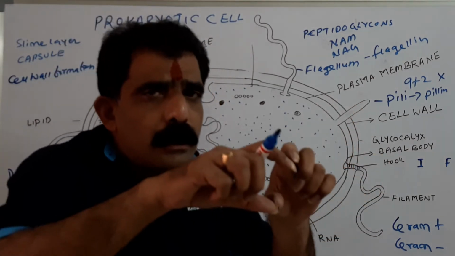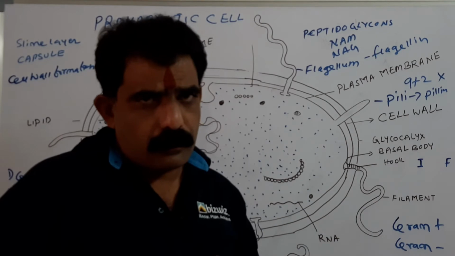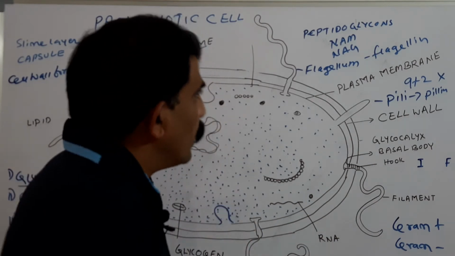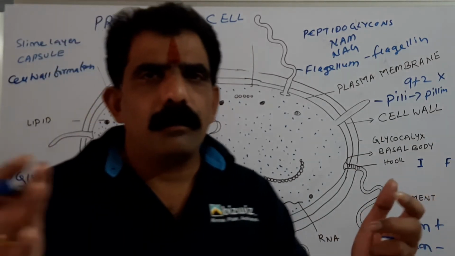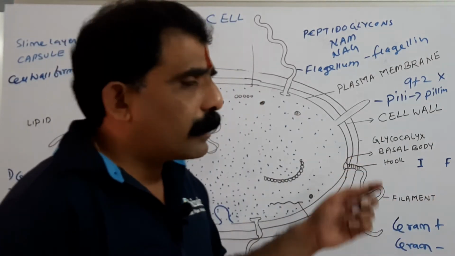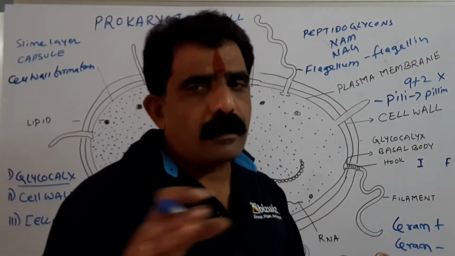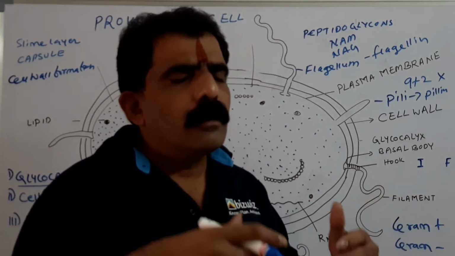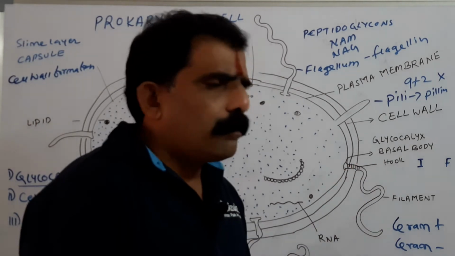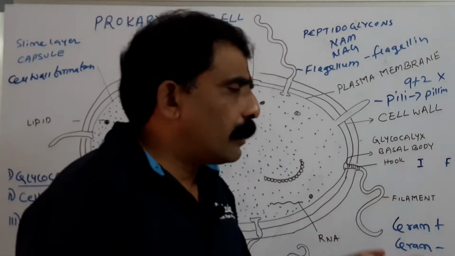These pili are tubular structures. At the time of conjugation, plus bacteria and minus bacteria come together, and the plus bacteria produce a pilus that connects to the minus bacteria. So a bridge is formed, the conjugation tube. Through the tube, genetic material passes from the plus bacteria to the minus bacteria.